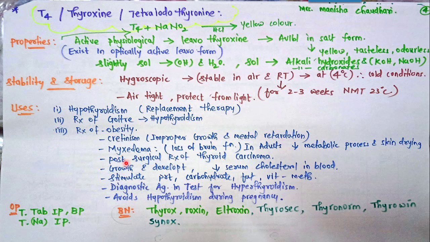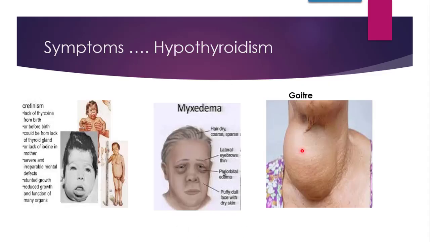Myxedema, it is also used in treatment of myxedema, which is nothing but a loss of brain functioning in adults, generally due to decrease in the metabolic processes. The symptoms will occur like, as you can see, there can be dryness in the hair, lateral eyebrows will get thinner, and edema, that is accumulation of fluid or water in periorbital region.